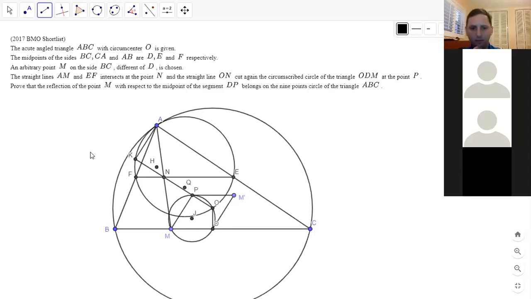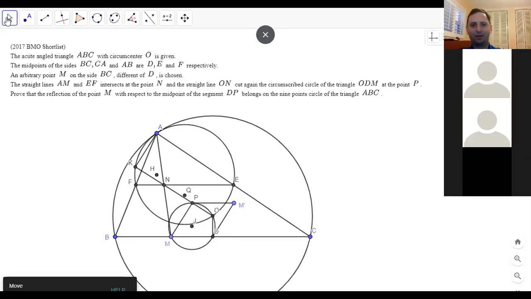So AM prime is parallel to DK. So DFEM prime is similar to AEFK. So if DFEM prime is concyclic, then AEFK is concyclic too. So we are done. They're actually congruent, AEFK and DM prime EF. Ah, that's nice. I like that.